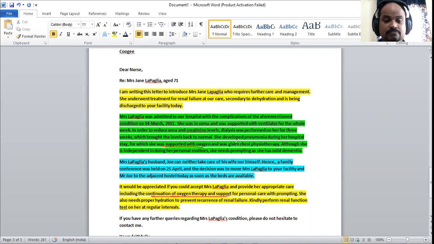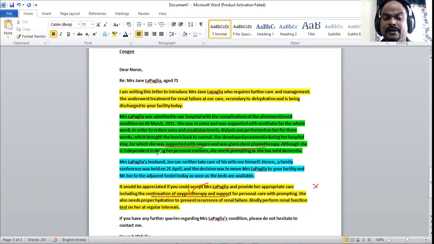Chest physiotherapy was given here also. It's mentioned that it was given for 2 weeks, so I don't need to write 2 weeks. For 2 weeks, I have given physiotherapy. So the physiotherapy is not continued here. It's understood that only oxygen therapy we need to continue.